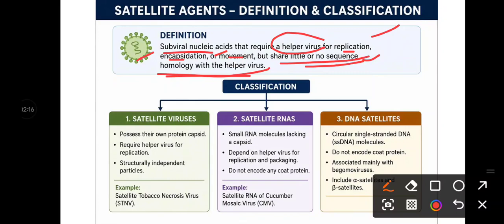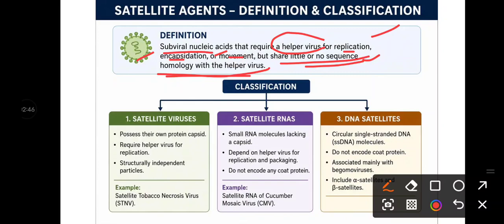There should not be any sequence homology with the helper virus. The satellite agents never show any sequence homology. There may be little sequence homology, but whole sequence homology will not be there with the helper virus. If significant sequence homology is there, then that will not be called a satellite agent.